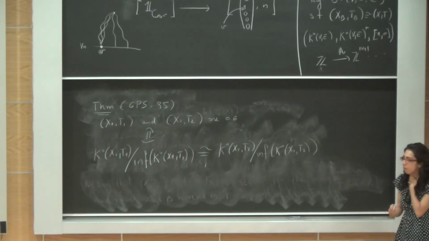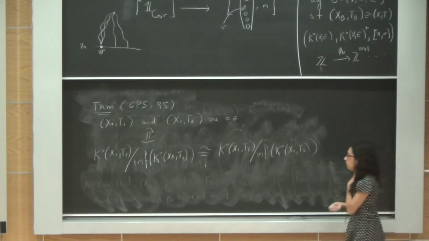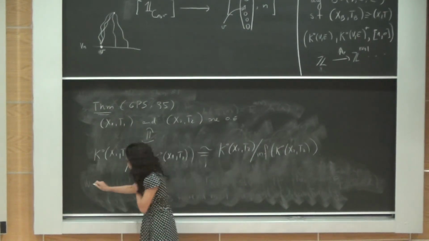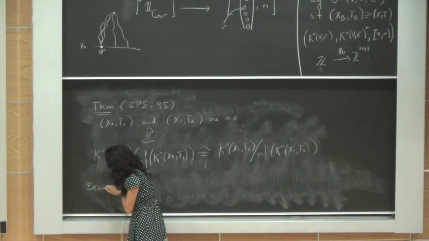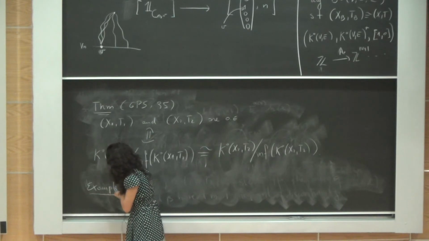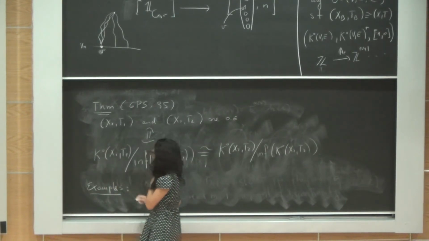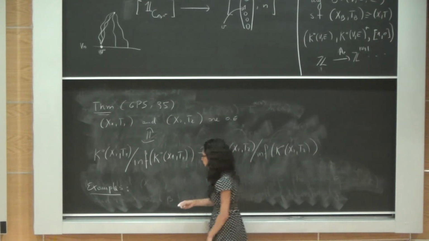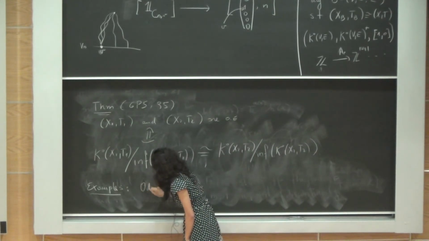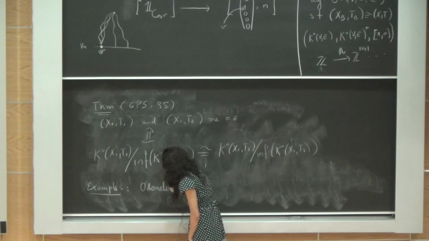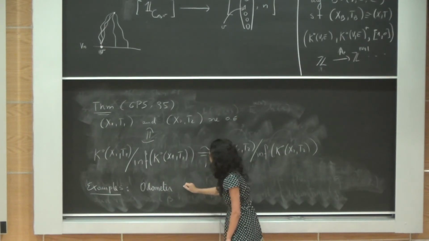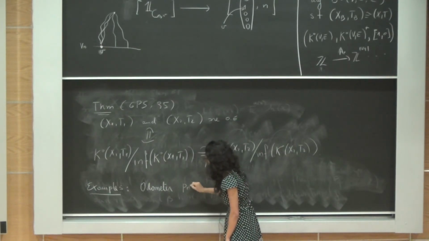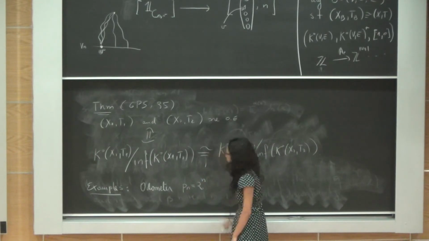Just to say some little comments. For systems that we know, what happens for the odometer, for example? Suppose that we take the odometer in base 2^n, the odometer given by base p_n to the power n.